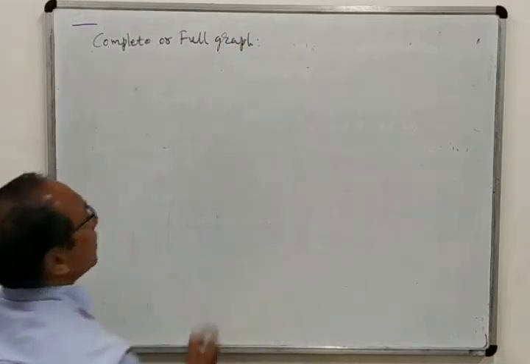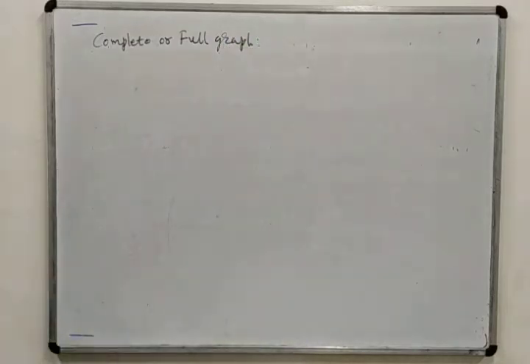Mostly in our study we will call this a complete graph. It is also known as a full graph. The complete graph has a very important meaning, and we will make use of it in the further study of graph theory.